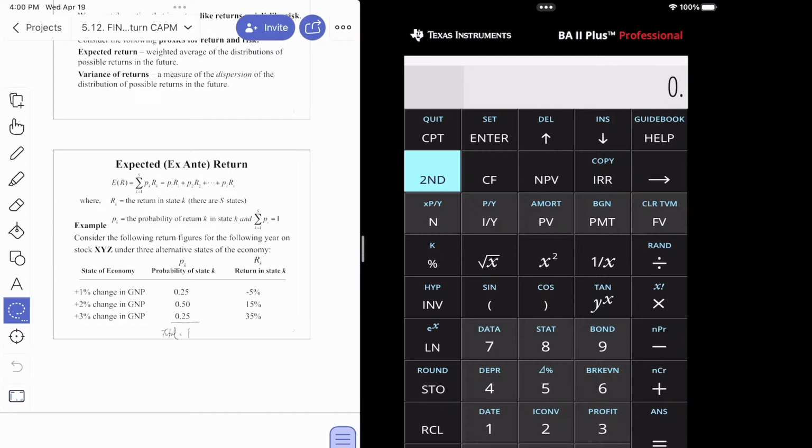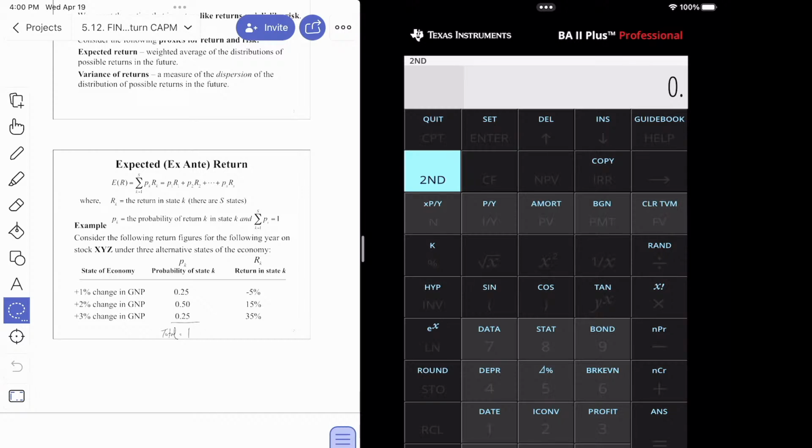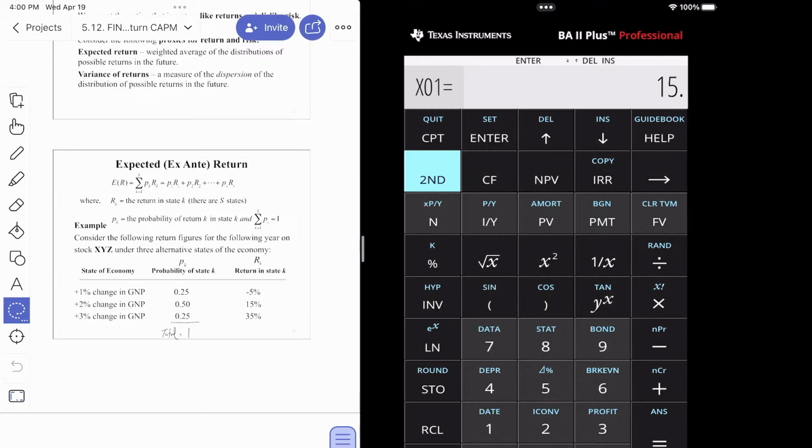So I need to use the stat and data keys in blue. Let's go into the data key, and I see there's something there, so I need to clear it. Second, clear work. And this is where I'm going to put my data. My probabilities, notice I've entered them as a decimal to maybe make it less confusing, because my units here are percentage.